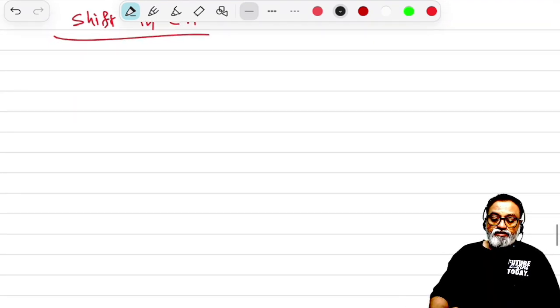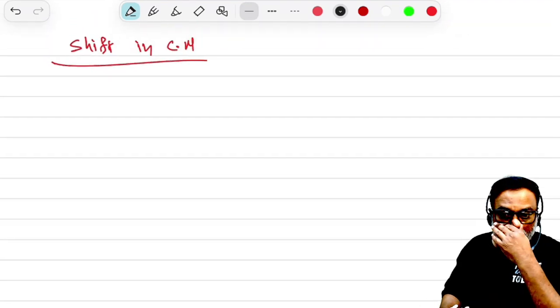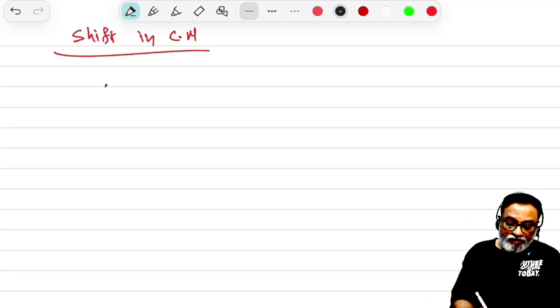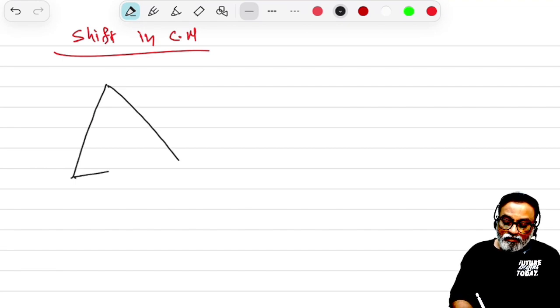Another important thing, shift in center of mass. Since it is shift in center of mass, we have to know some geometry. See, for example, this is an equilateral triangle and this is the centroid.